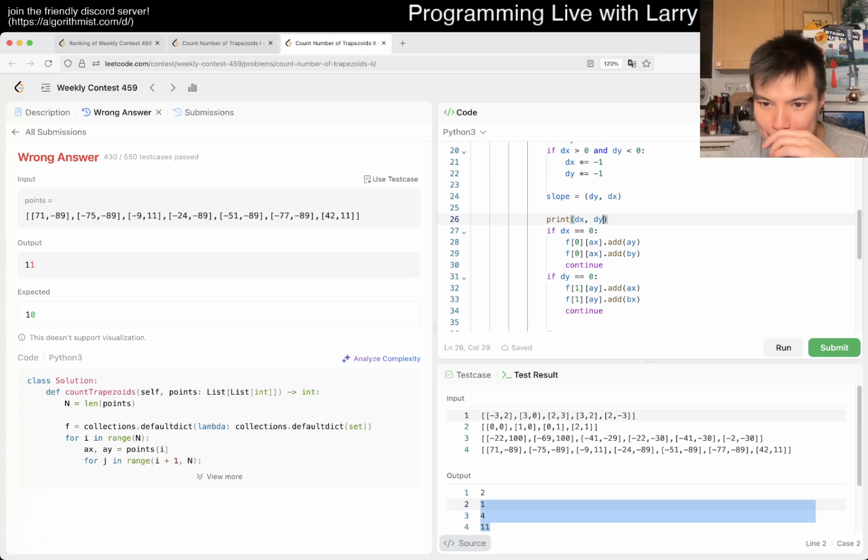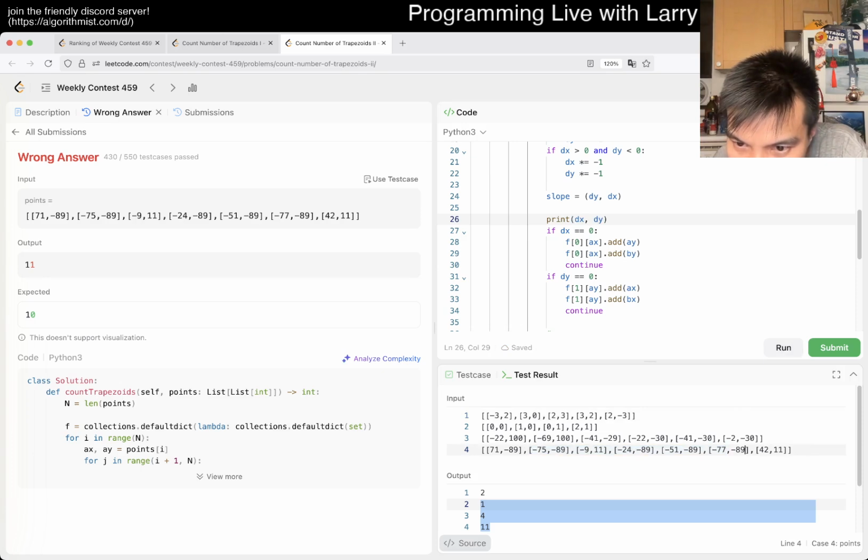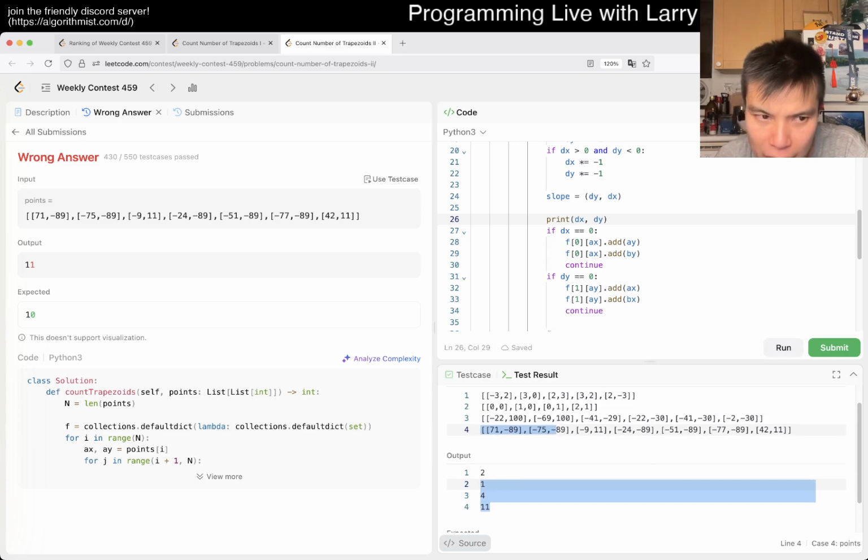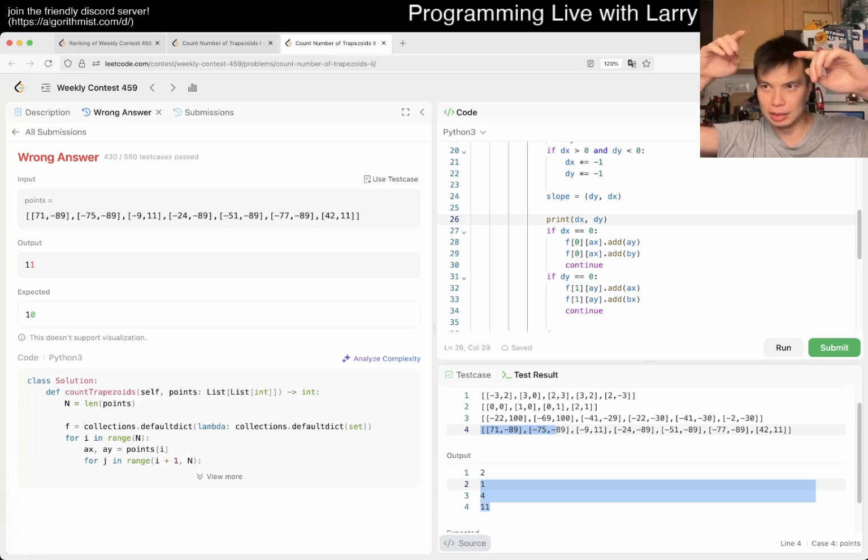Why? There are a lot of collinear points, so maybe that's why. I have 11, even though it seems like we have a lot of points on the -89 slope, yeah, -89, and then 2 points on 11, so it's going to be 2.